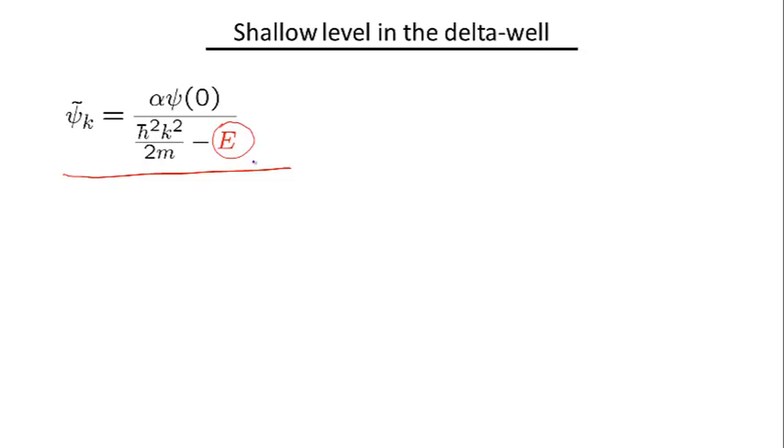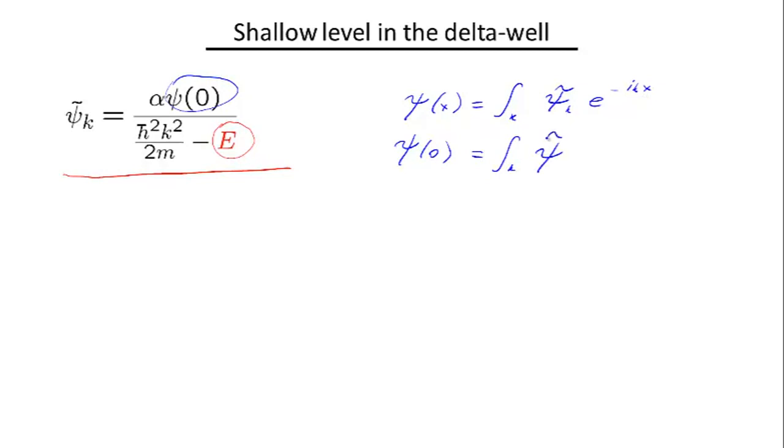So at this stage, let me recall that psi of x basically can be represented as the inverse Fourier transform of psi tilde of k e to the power minus i k x. So therefore, psi of 0, which appears in the right hand side of this equation, corresponds simply to setting x to 0 in this equation. So it's going to be an integral over all k over 2 pi of this psi tilde of k. So let me evaluate this integral in both sides of this equation.